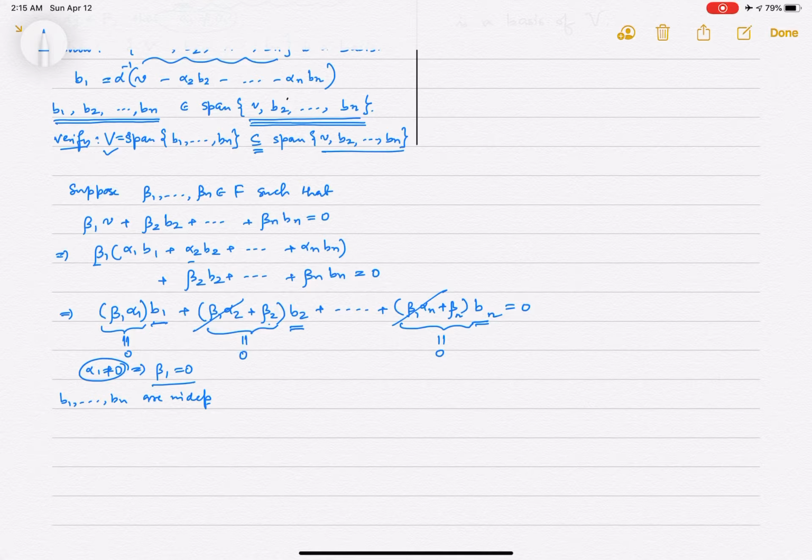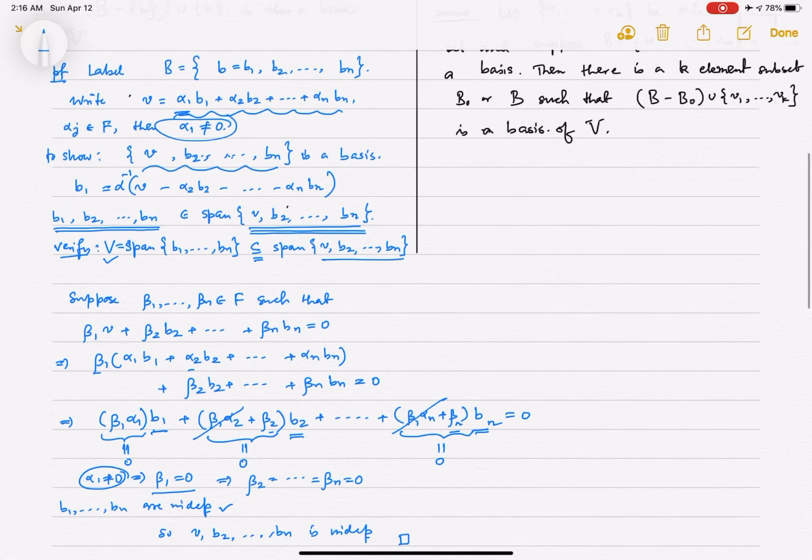So that tells you beta 2 is 0, beta 3 is 0, beta n is 0. It's written out more systematically in the notes, but this shows that these are independent. So V, B2, ..., Bn, this set is also independent. And that shows that they form a basis. That's the first lemma.